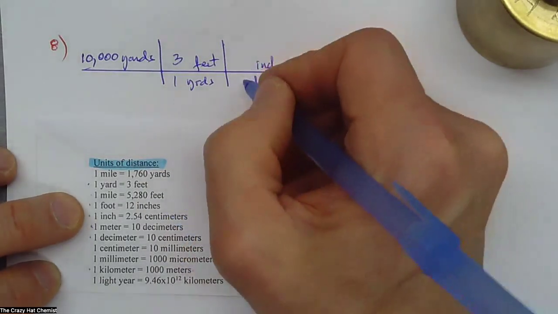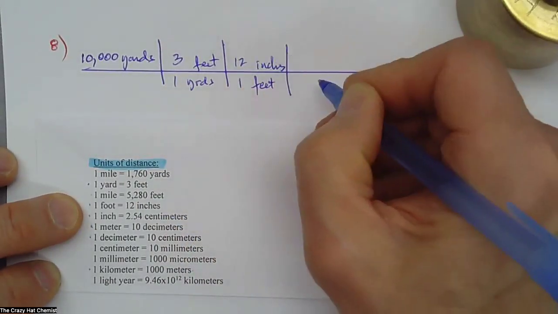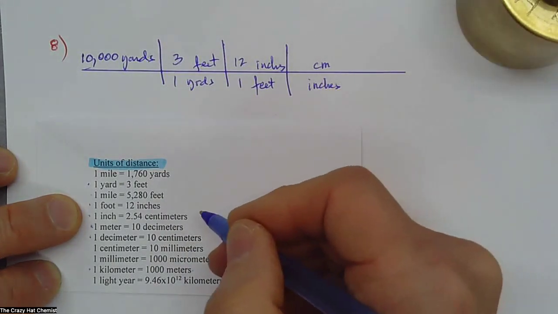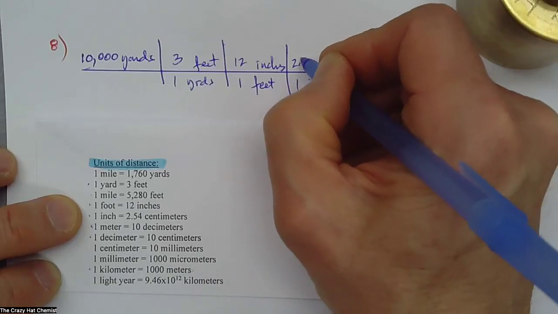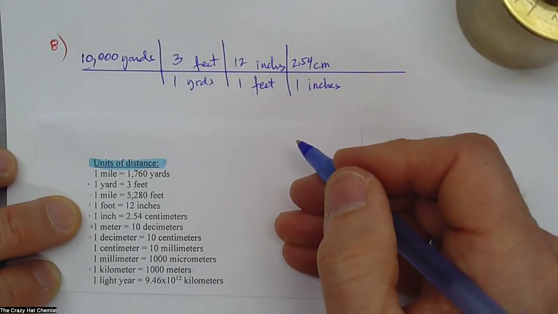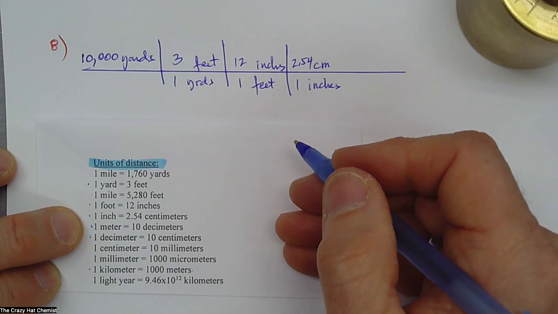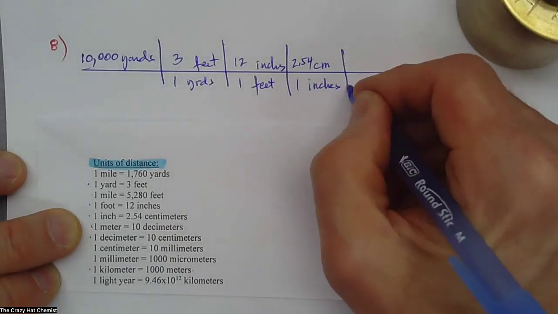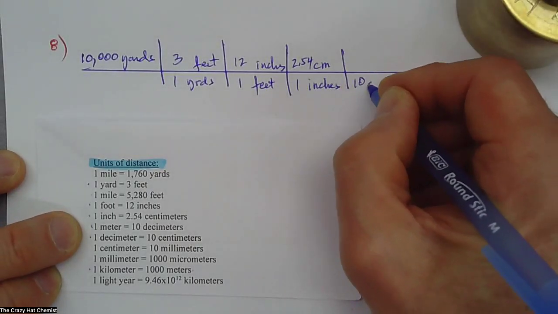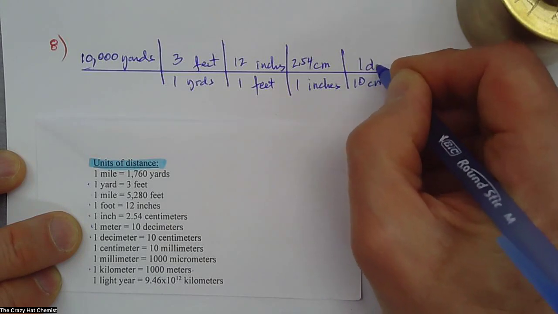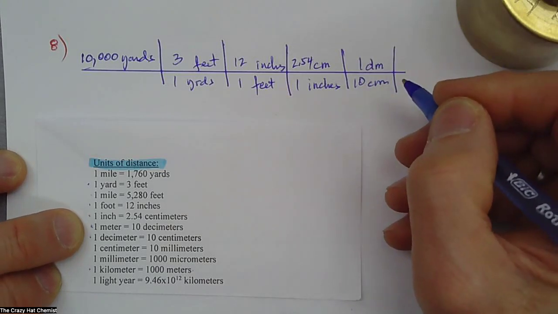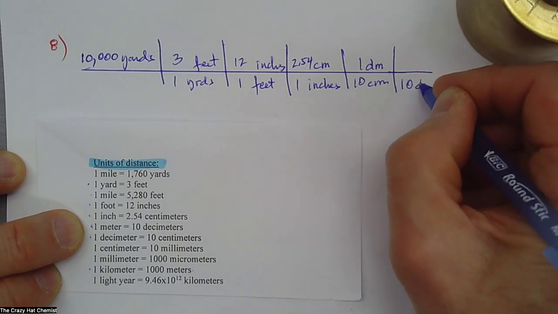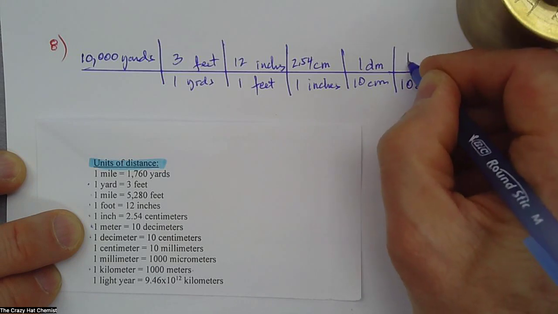So there's 1 foot, 12 inches, inches to centimeters. And then there's 1 inch, 2.54 centimeters. And then we are going to go from 10 centimeters to 1 decimeter. And then there are 10 decimeters in 1 meter.